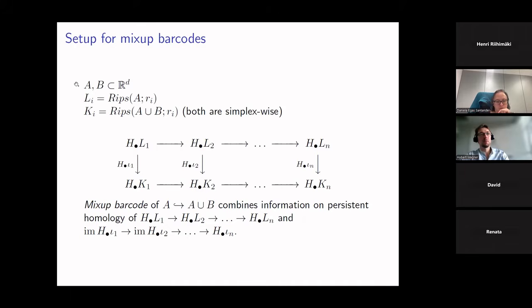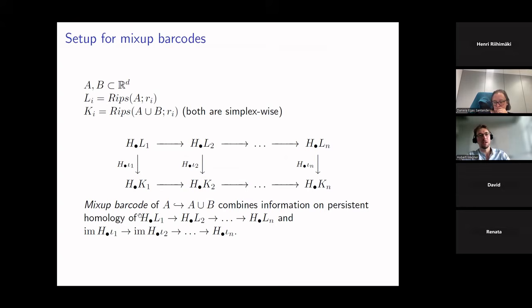But going back to point clouds, we have A and B. We compute Rips of A and Rips of the union of A and B, and I call those filtrations L and K at the level of simplicial complexes. I apply homology to this, so I get this type of commutative ladder, and then I will be interested in 2 types of persistence information.